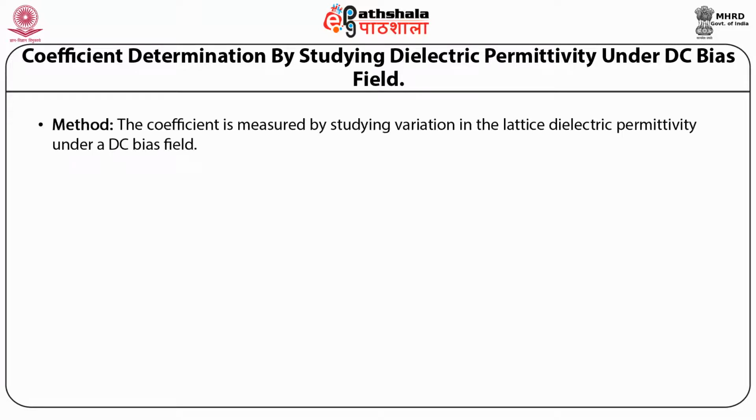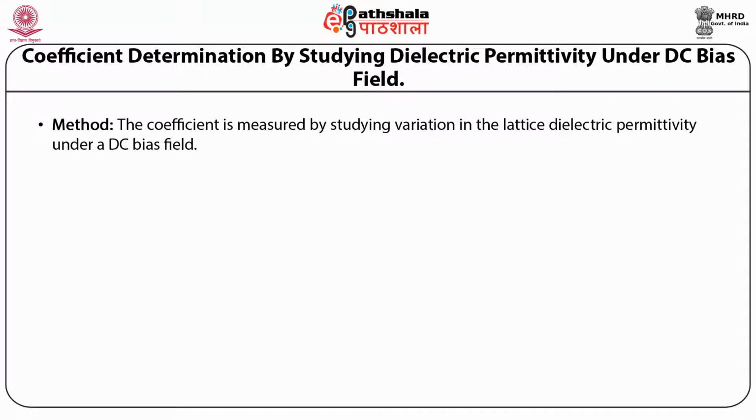Now in this method, the coefficient is measured by studying the variation in the lattice dielectric permittivity under a DC biased field. This method was developed by Patnaik and Taulos, and they derived an expression for the dielectric permittivity involving the electrostrictive coefficient M with the cubic symmetry.